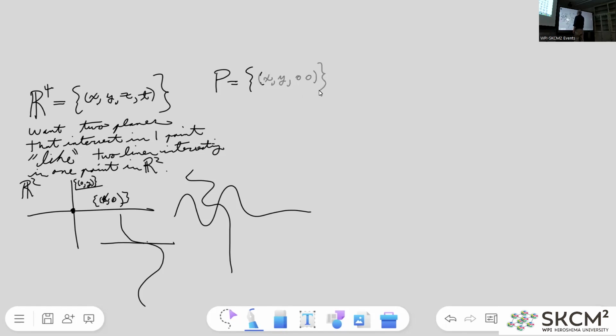That's a nice plane. And my other plane is going to be the set of things of the form (0, 0, z, t) in my four space, right?